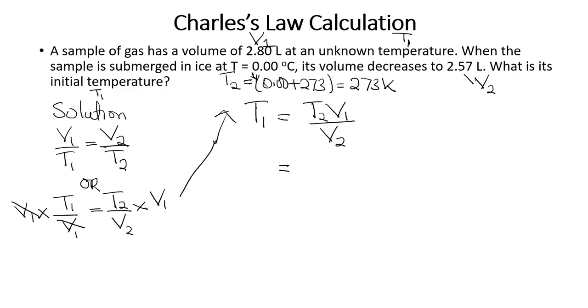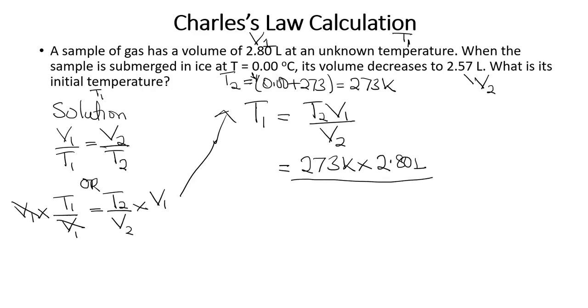Then we just slot in the values. So our T2 is 273 Kelvin. The V1 is 2.80 liters.